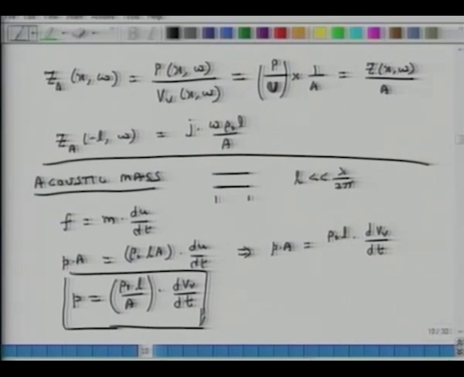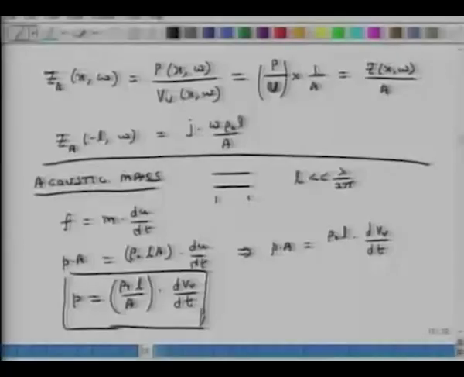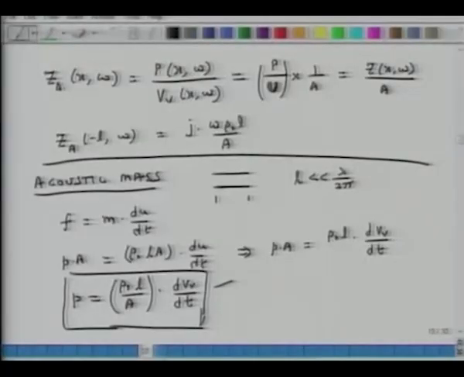So what this shows is that if a tube is short in length compared to one sixth of the wavelength, then because the air is behaving in a very rigid way, it moves back and forth and is governed by this relation. Now what you have here is a dVV over dt term.